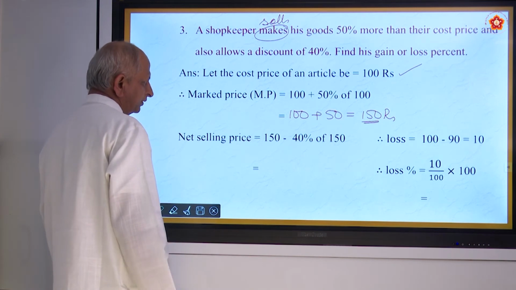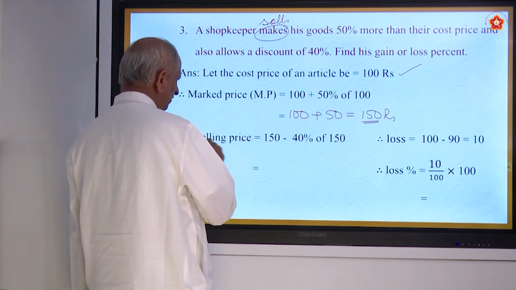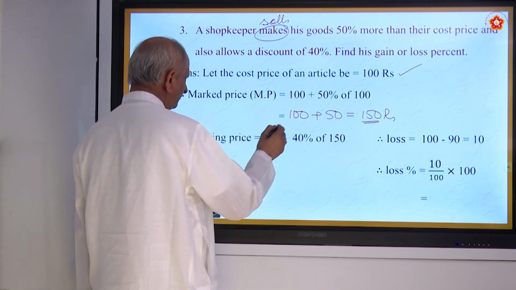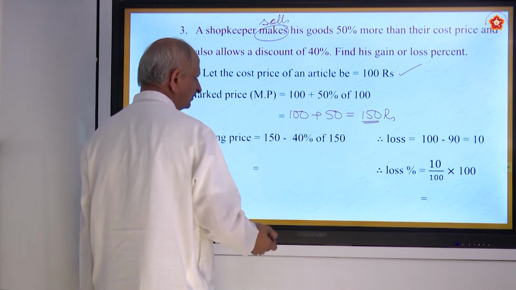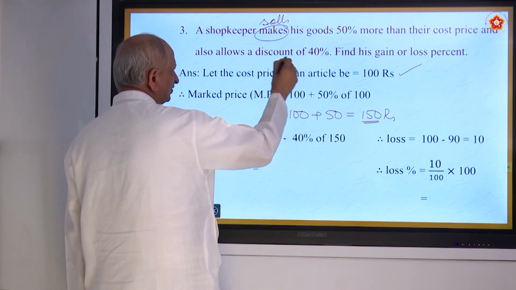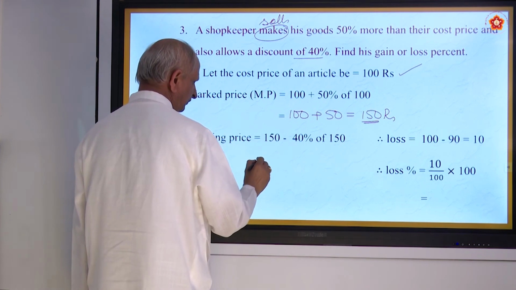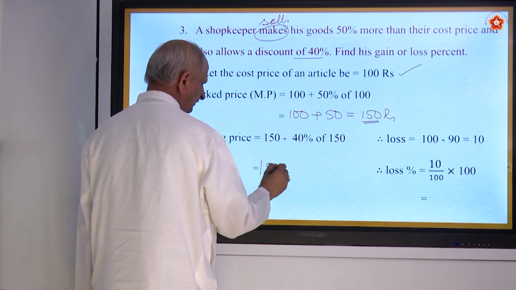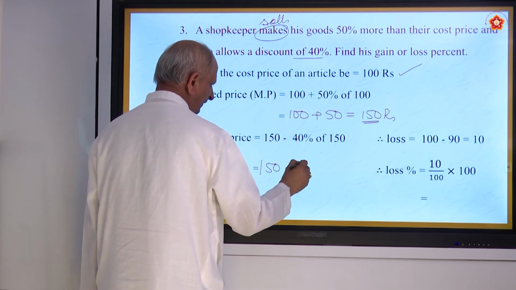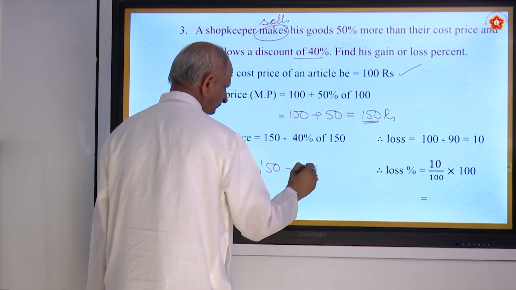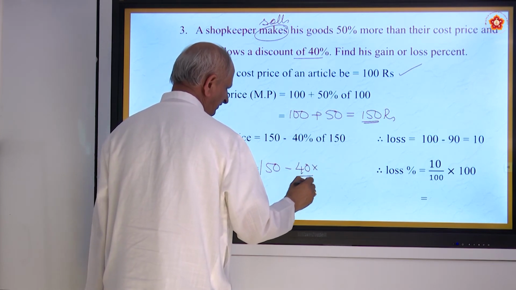Okay. Now the selling price becomes 150 market price and he wants to give a discount of 40%. So 150 minus 40% of 150.